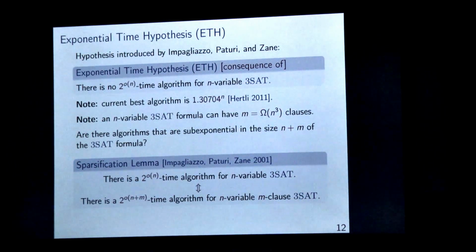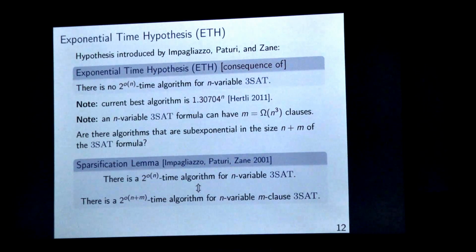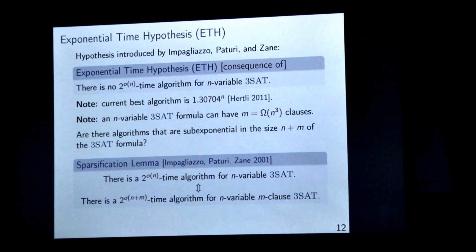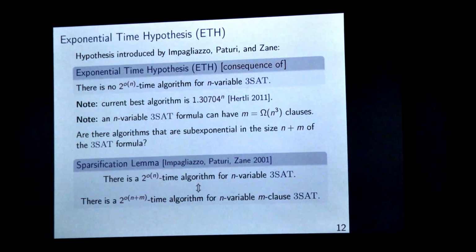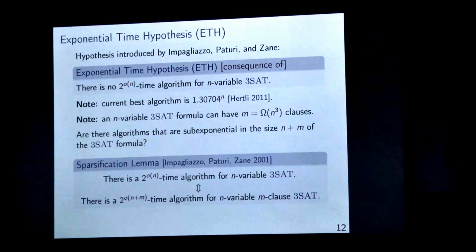Of course, I'm hiding the right details, constants and everything, but essentially it means that in sub-exponential amount of time, I can come up with sub-exponentially many instances. For our purposes, let's say one instance where the number of variables and number of clauses are like n variables and n clauses.